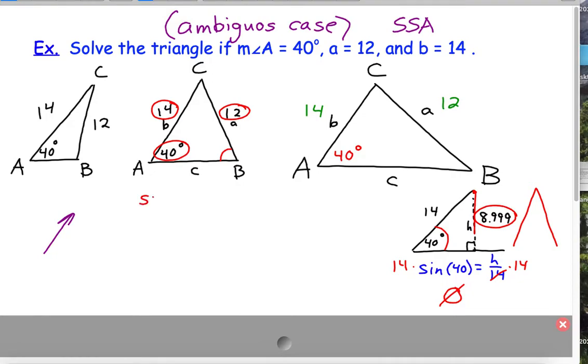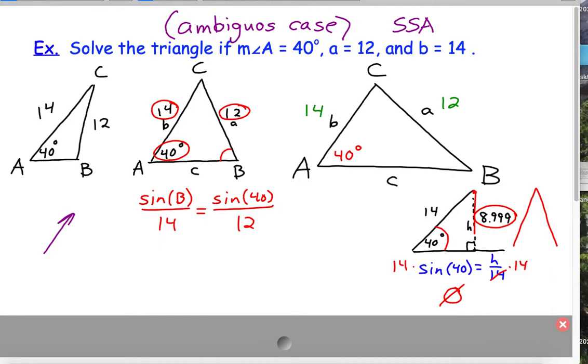So I'm going to write sine of angle B over side B, which is 14, equals the sine of angle A, 40 degrees, over side A, which is 12. Notice this time I'm writing my proportion with the sine on top, not on the bottom, and that's because I'm trying to solve for the sine. It'll work the other way, it's just a little easier to solve when you do it this way.